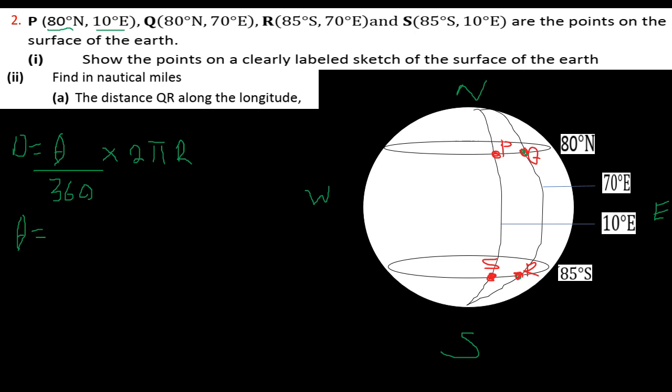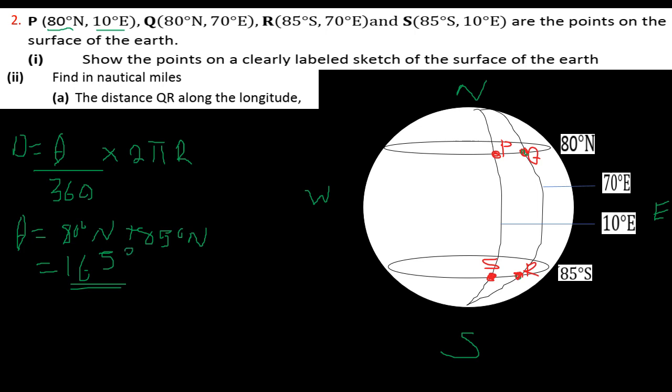So you say 80 degrees north plus 85 degrees south, since they lie on different directions, and your answer will simply give you 165 degrees. Okay, so this is the difference between point Q and R.